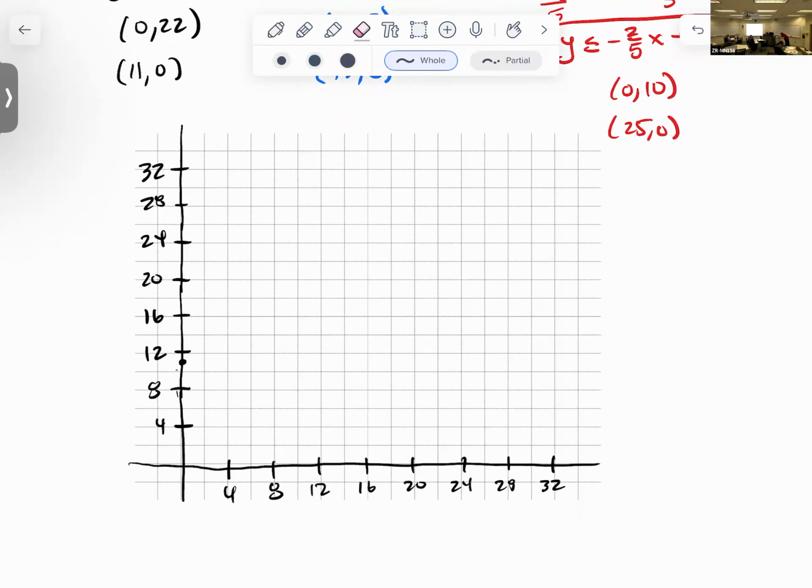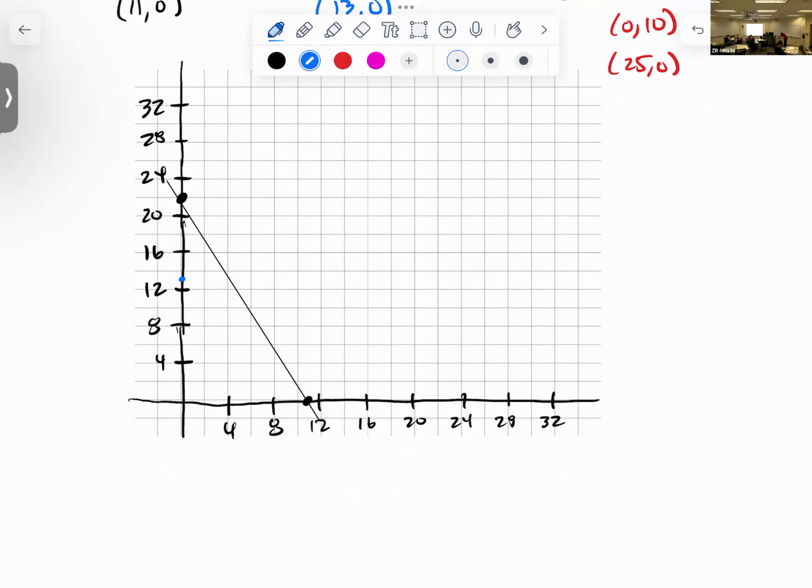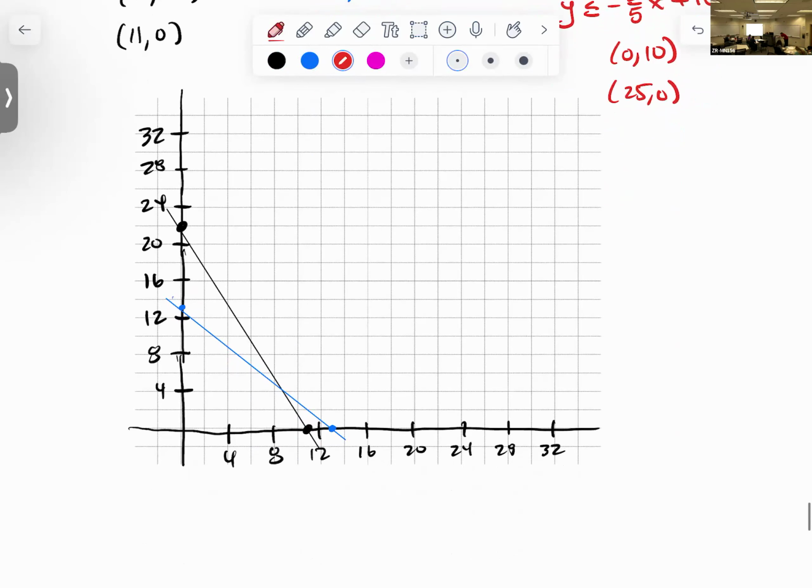No, 0, 22 is right there. 0, 22, which is right there, and then 11, 0, which is right here. 0, 13 and 13, 0. 0, 10, 25, 0. So just graphing with the intercepts.